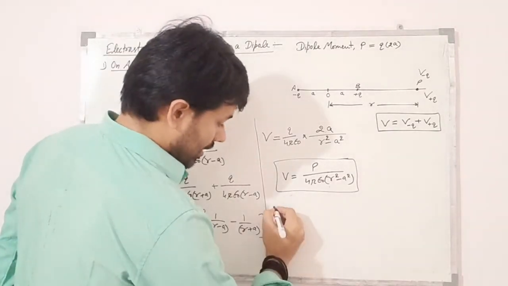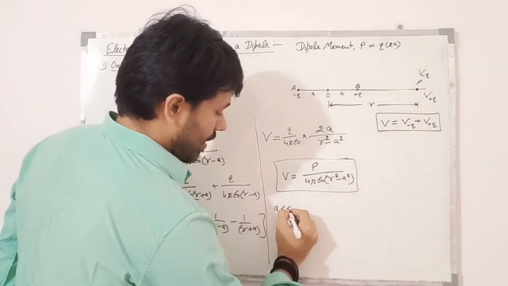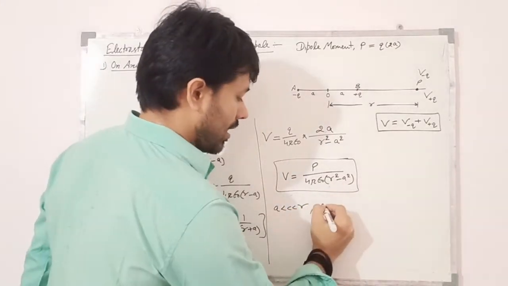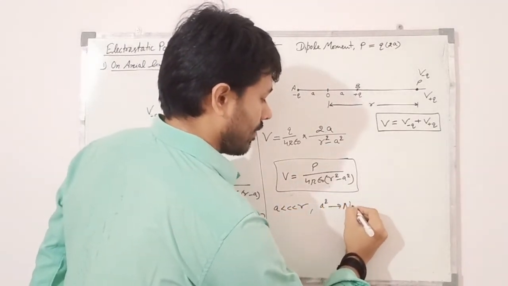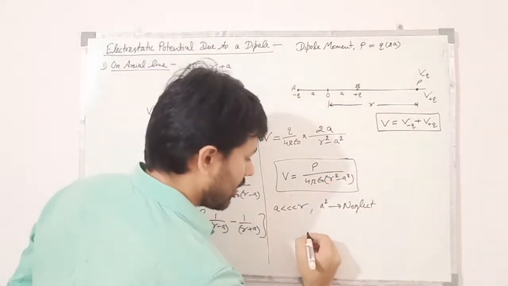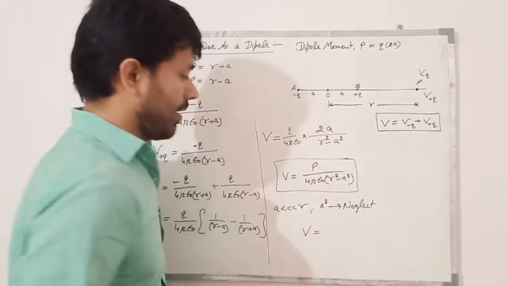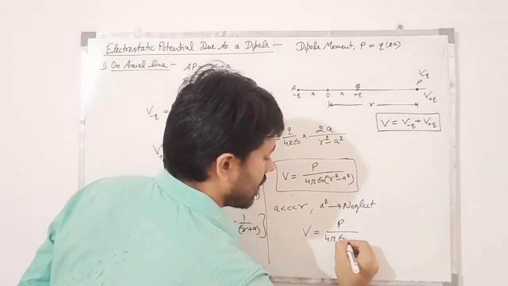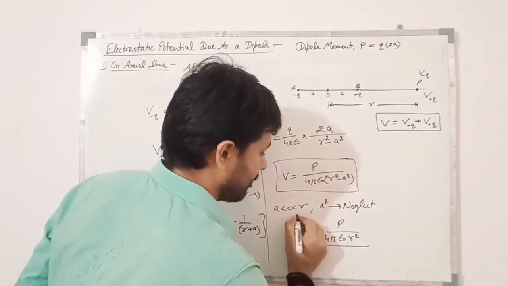And we know that A is very, very small compared to R, so A square can be neglected. If we neglect A square, the potential we get is P upon 4 pi epsilon naught R square.